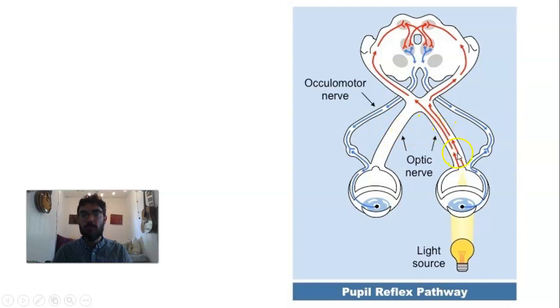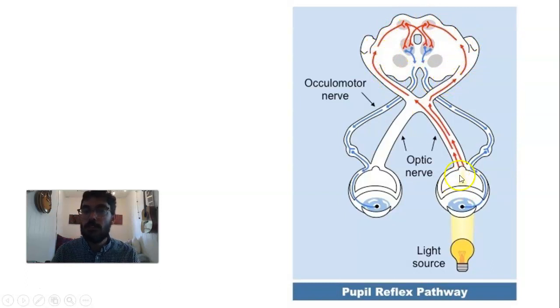These optic nerves will carry themselves back through the skull, and then on the inferior portion of the brain, underneath the brain, there's a spot where they cross each other and form an X. This is called the optic chiasm. At this X, these optic nerves actually cross each other. And what this does is it allows one eye to send information to both sides of the brain. Right here, this is the midbrain, which is involved in the pupillary reflex.